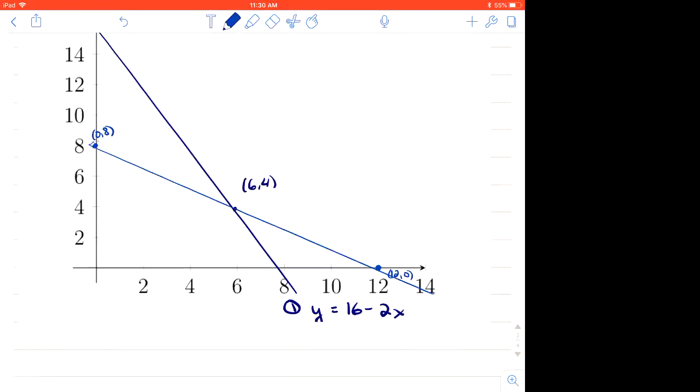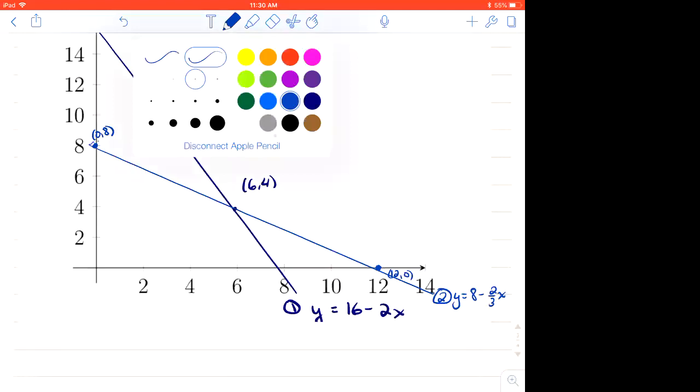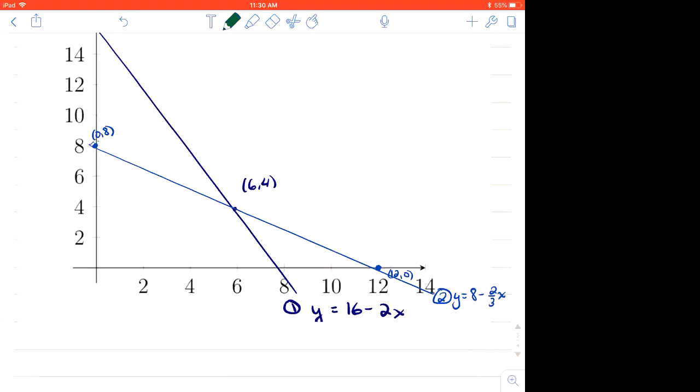So this is line 2. Y equals 8 minus 2 over 3x. And we have a line at y equals 6, right? Y equals 6 is just a straight line. Okay. So y equals 6, we'll just jot that in here.